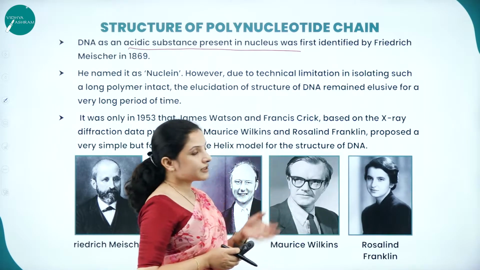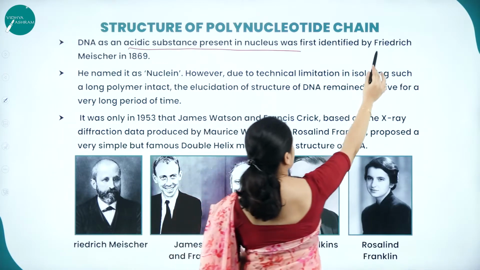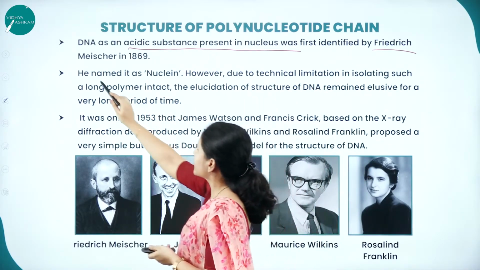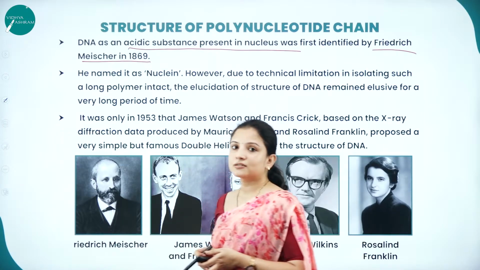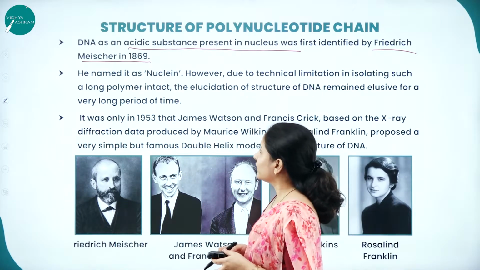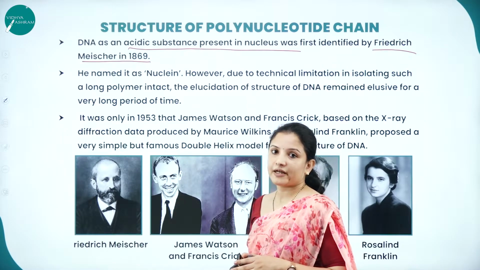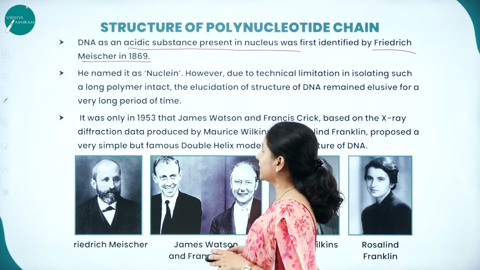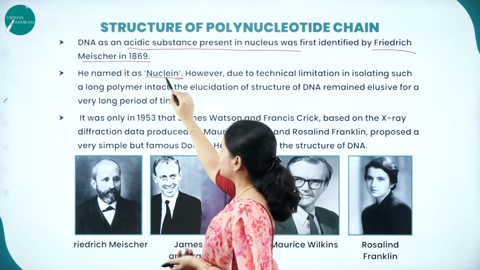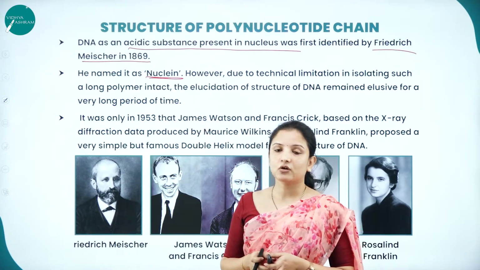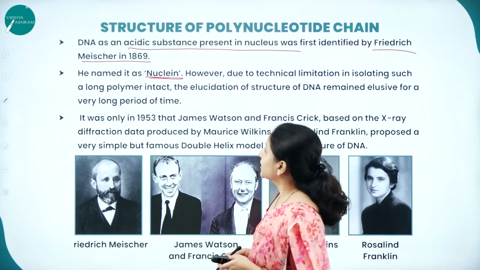It was first identified by a scientist called Friedrich Miescher in the year 1869. He was the first person to identify it, and he was the first to name it nuclein. He didn't call it nucleic acid or DNA, but he named it nuclein.